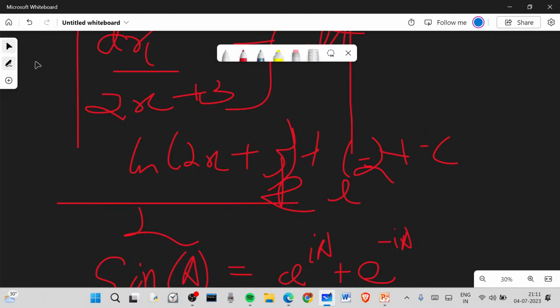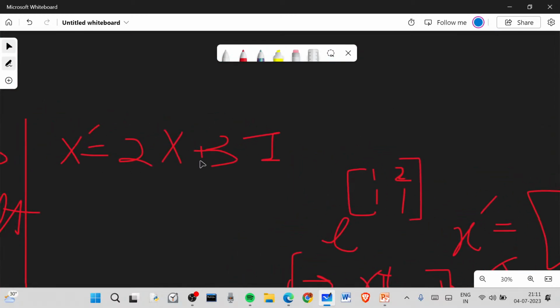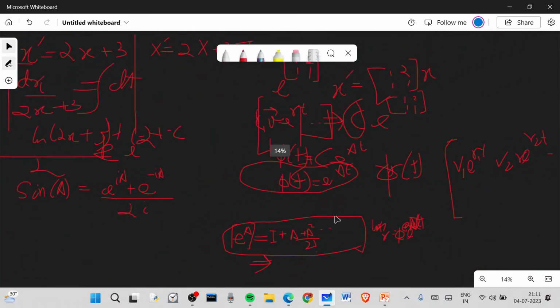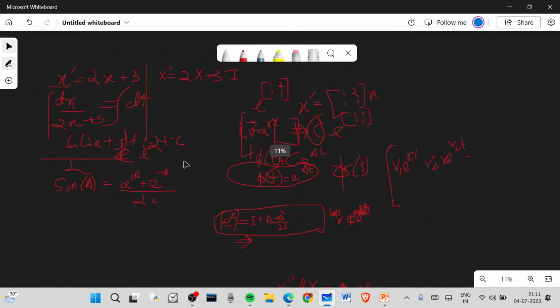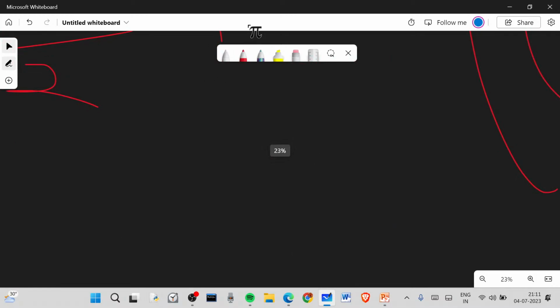You understanding what I'm trying to say? But what to do here? Here again I can do a similar thing, the stupidity I did over here, which helped us in defining e to the power A. What stupidity? Like multiplying the inverse on both sides.